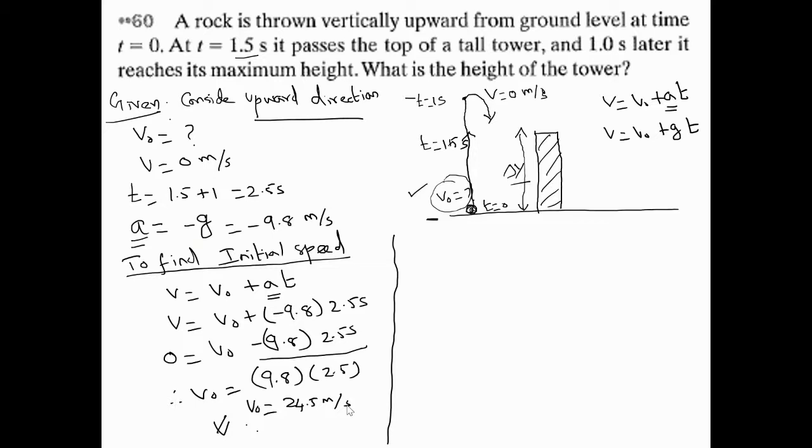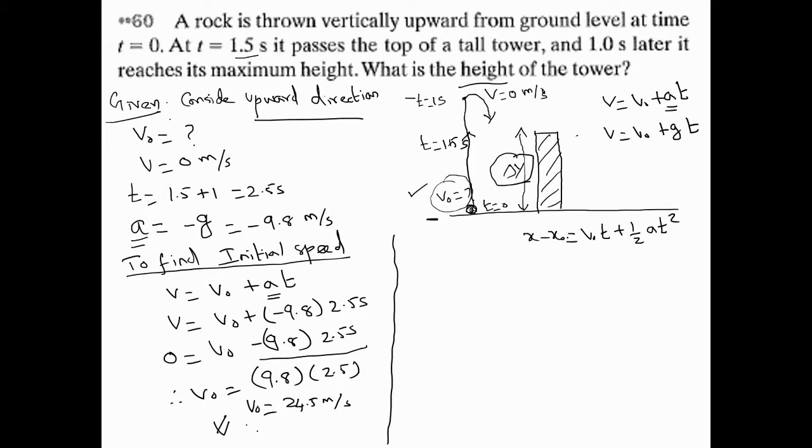Clear? Yes, clear. Okay, let's come to our second part, because we are going to find the height of the tower. So the height of the tower is related with y, am I right? So we have the equation x minus x naught is equal to V naught t plus half AT square. This is our second equation, am I right?